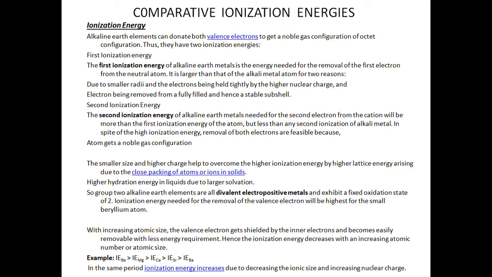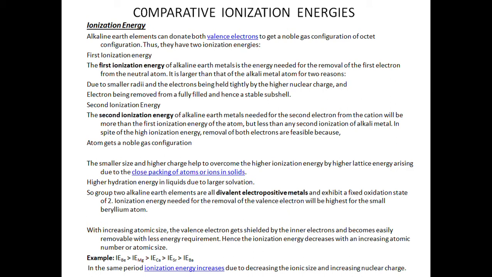In spite of the high ionization energy, removal of both electrons is feasible because the atom gets a noble gas configuration which provides stability to the atom. The smaller size and higher charge help to overcome the higher ionization energy by higher lattice energy arising due to the close packing of atoms or ions in solids.